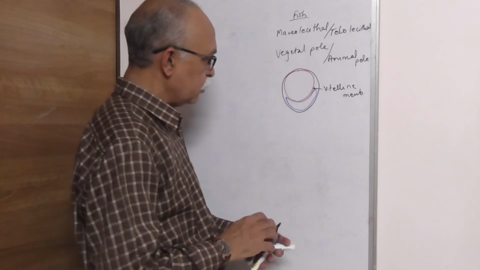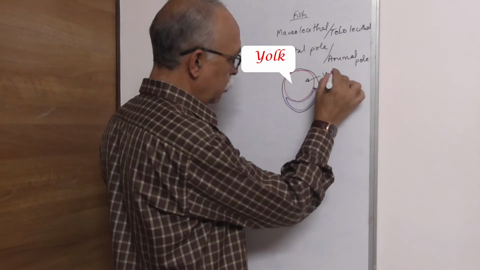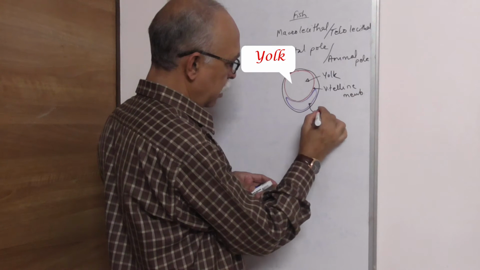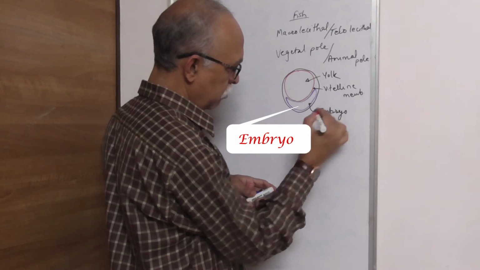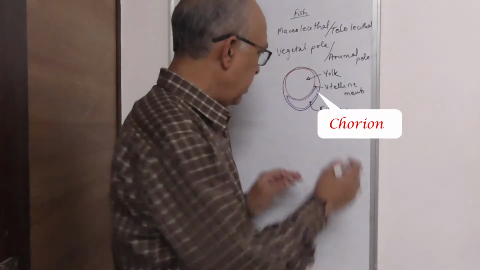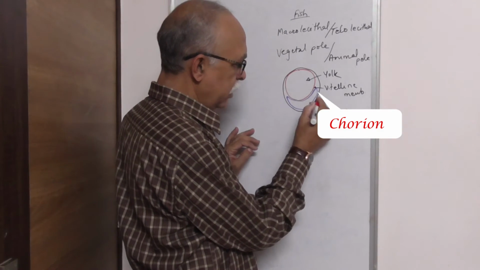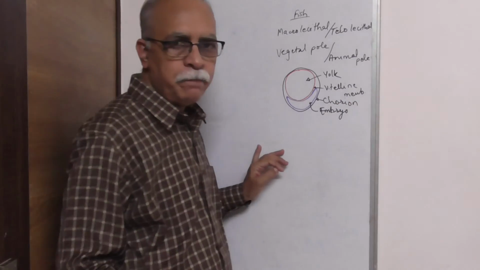So let's label the structures. This is all yolk. This is the embryo. Covering the whole thing is a layer called the chorionic layer or chorion.